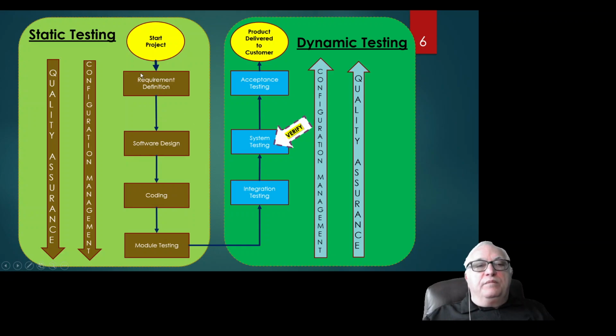So if the requirement says to build a motorcycle, we are verifying that the system that we built is a motorcycle. So make sure that the requirements were met. We built the product right, built correctly.